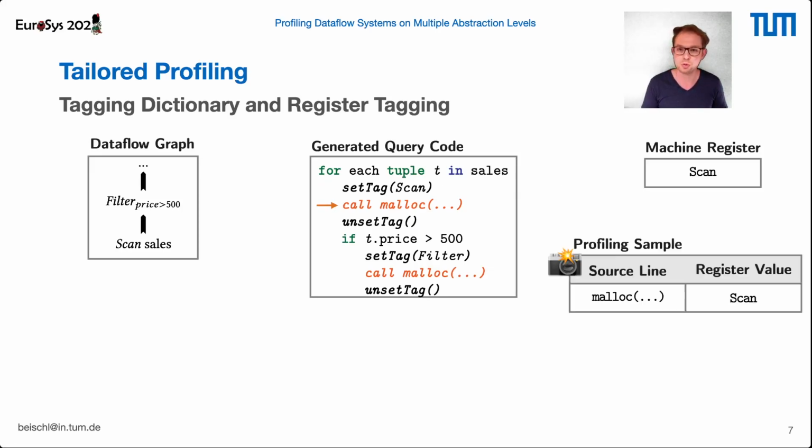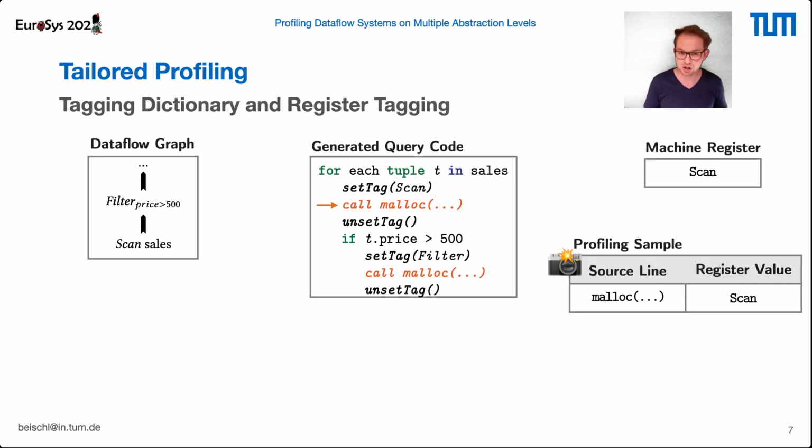And then, when we take a sample while executing malloc, in addition to just the instruction pointer, we also record the content of our machine register we use for tagging. Then, if we have a sample for a shared function, in order to disambiguate it, if we have multiple matches in our tagging dictionary, we can just inspect the recorded register value, which contains the identification tag.